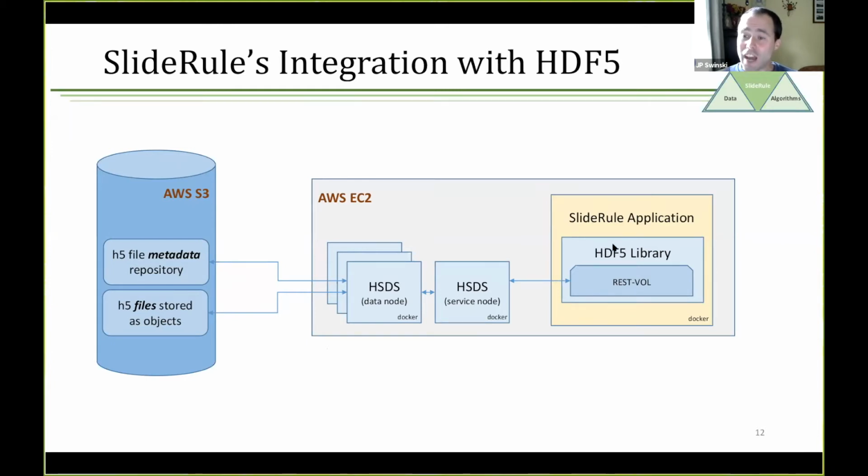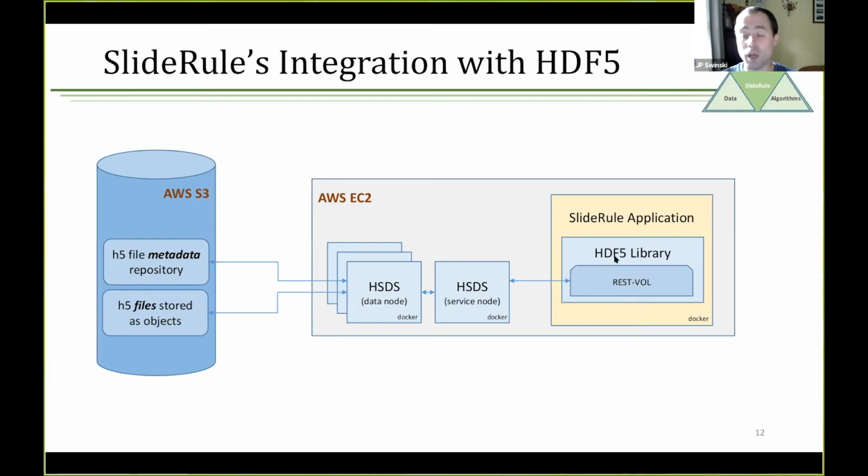The HDF5 library is using the REST file connector. The HDF5 library allows you to read H5 using different IO drivers. So you can read to files, you can read over the network, and one of those is this REST file driver, and that is used to talk to HSDS.